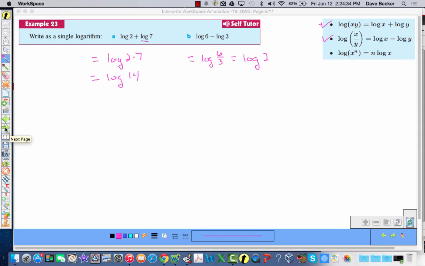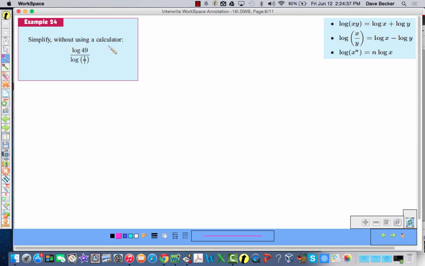Okay, try some more. Simplify without using a calculator. We can do that. Well, what we want to try and do is get the same base. I think you'll agree that I can rewrite log 49 as log of 7 squared, and I can rewrite log 1/7 as log of 7 to the negative 1. Okay.